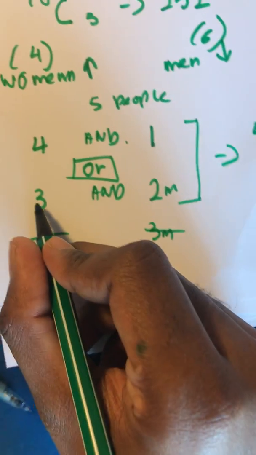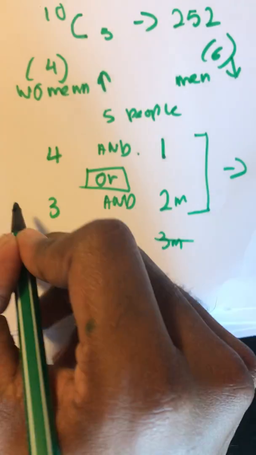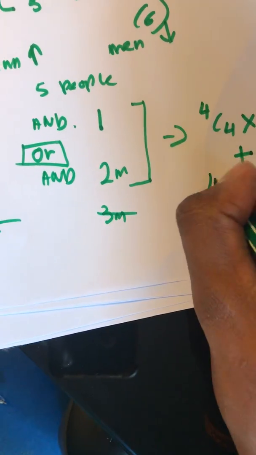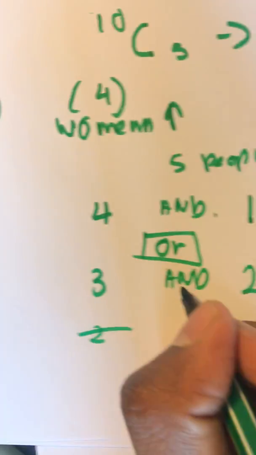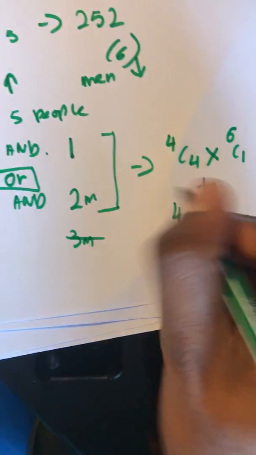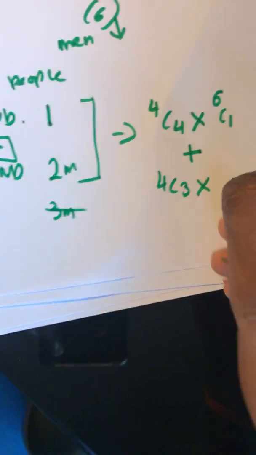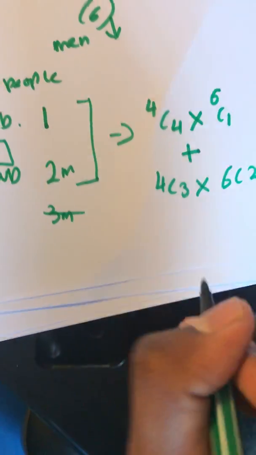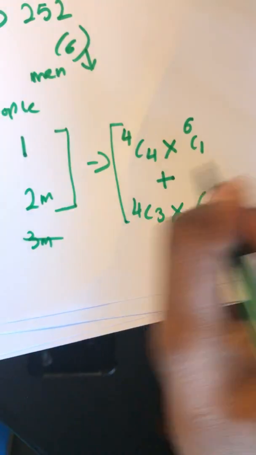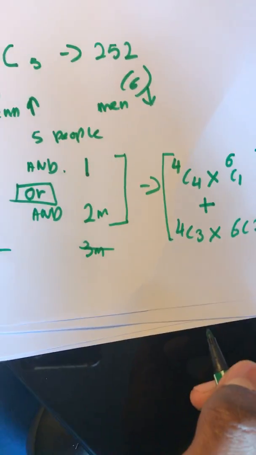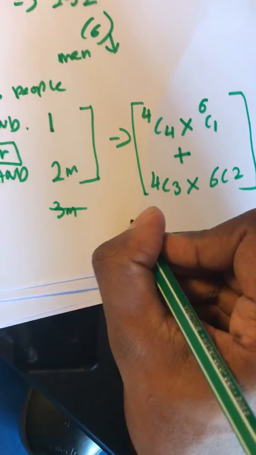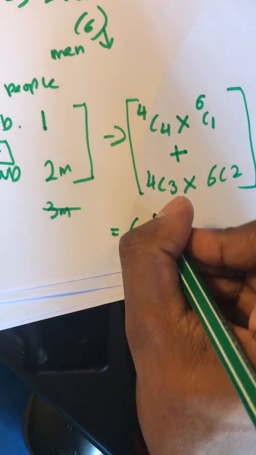Then out of 4 women, I choose 3, so 4C3, and because it's AND you multiply, out of 6 men I choose 2, so 6C2. You can press this operation in your calculator, and you will get the answer as 66.